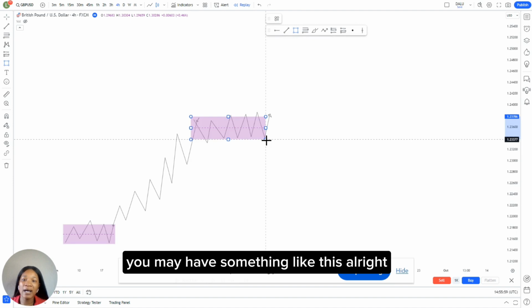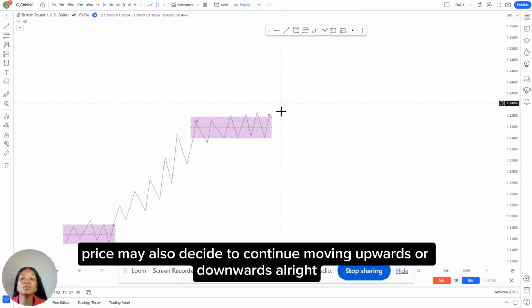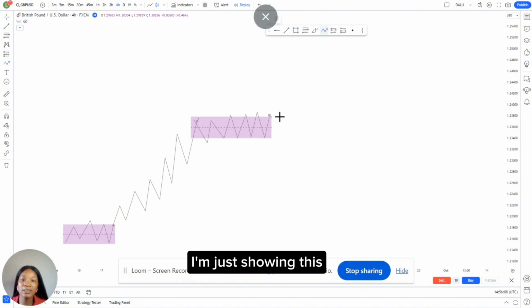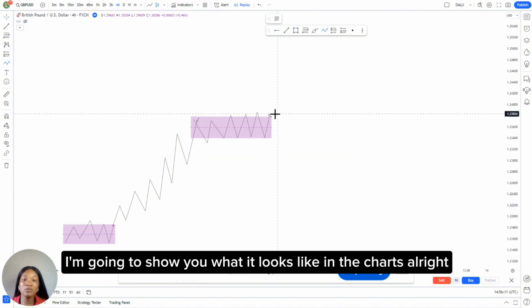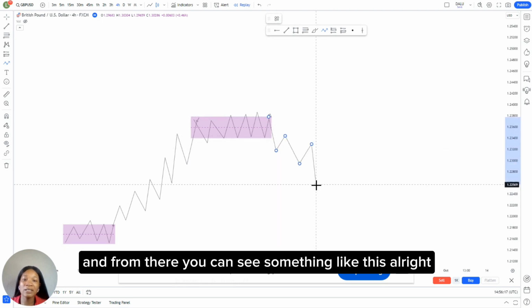You may have something like this. Now from here, price may also decide to continue moving upwards or downwards. I'm going to show you what it looks like in the charts, but for now, just take this textbook example.